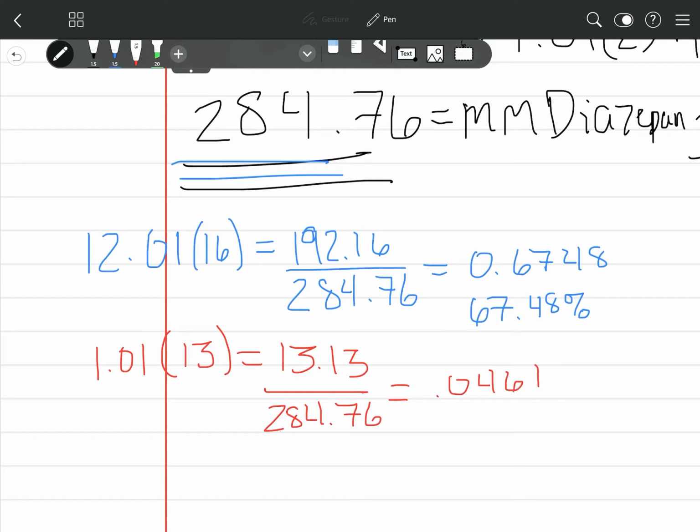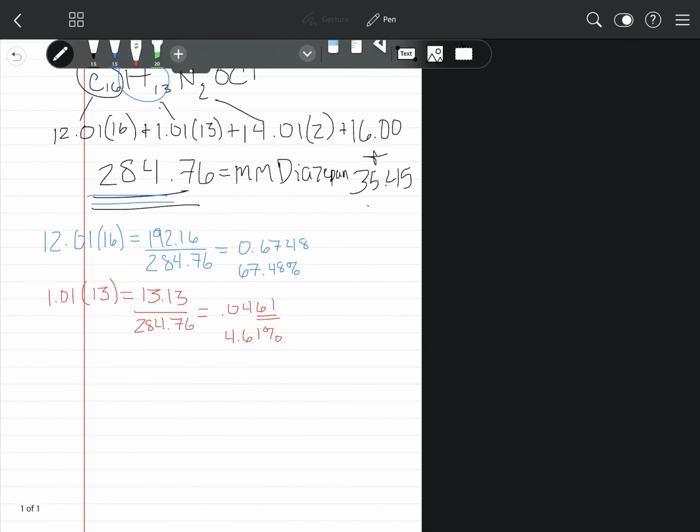Usually you go out to 4 digits because you want this as a percent, with 2 digits after the decimal. So 4.61%. That means that of the entire mass of 284.76, I think it would be grams, I'm not sure, 4.61% of it is hydrogen. So you would say 4.61% equals H, and 67.48% equals C16.